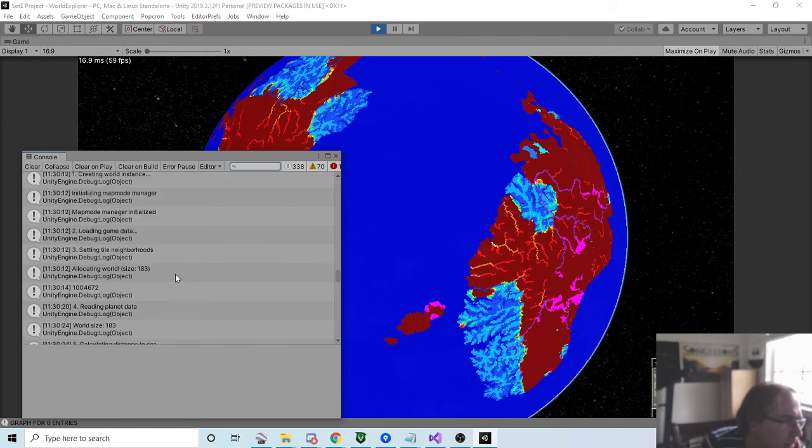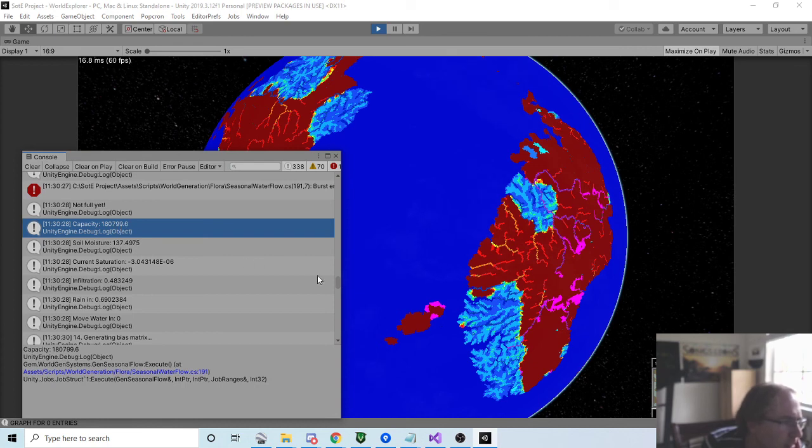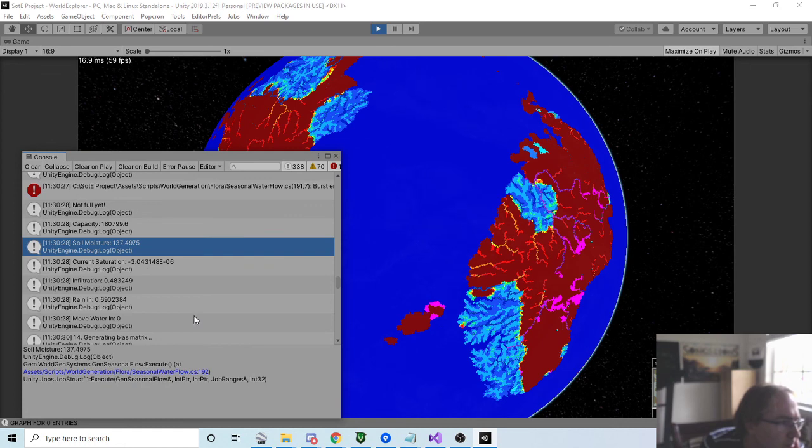Well, it looks like it's logging the pertinent figures out. Okay, so not yet full. So when we were not yet full, the tile had a capacity of 180,799. What the fuck? Okay.